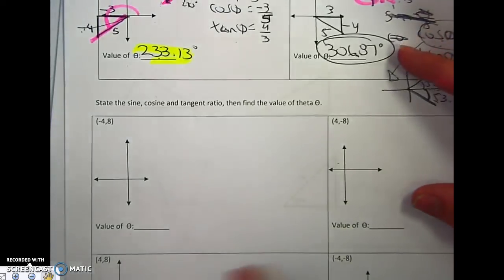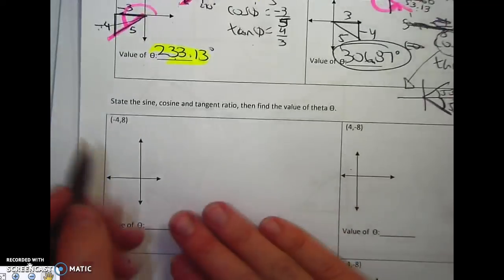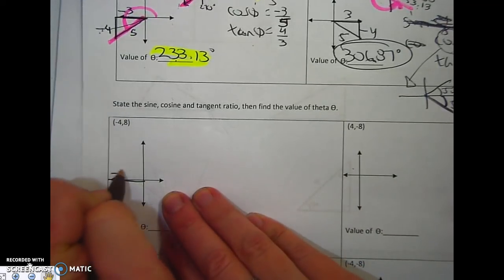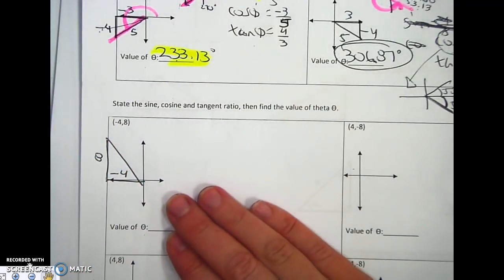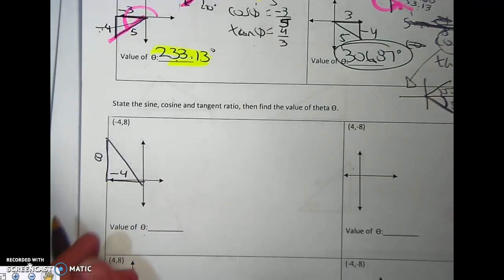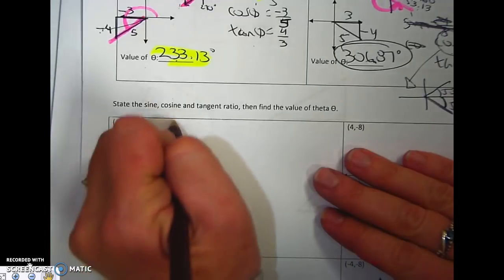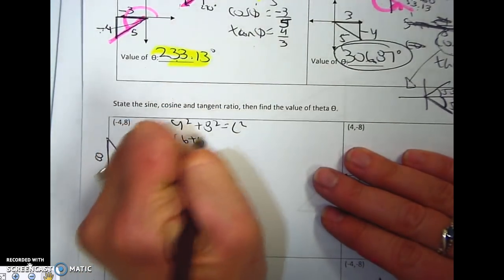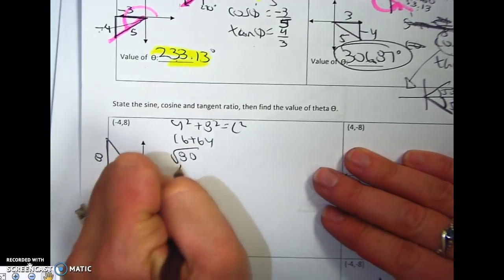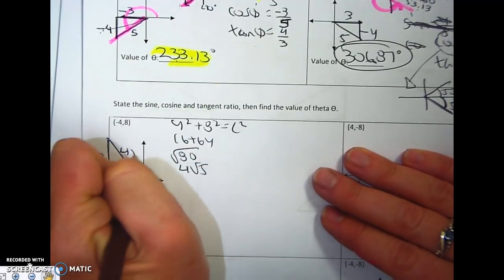Okay? Now, let's do the more difficult ones. Left 4, up 8, Pythagorean theorem. So I know that I can just kind of simplify it. Actually, I'll just deal with it. So I'll go 4 squared plus 8 squared equals c squared. 16 plus 64 is 80. Rad 80 is 4 rad 5.